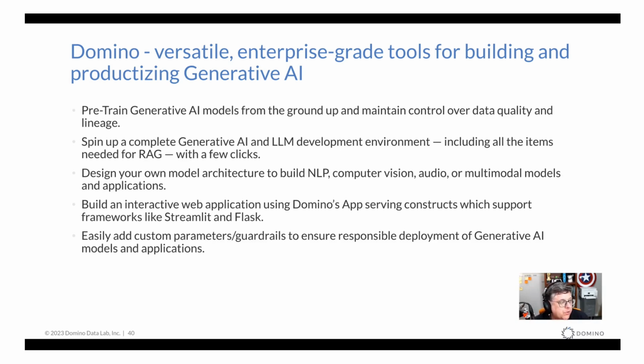Domino also gives you the ability to design your own model architecture to build natural language processing, computer vision, audio or multimodal models, and applications. As we've seen, you can also build an interactive web application using Domino's app serving and app publishing constructs, which support frameworks like Streamlit and Flask. And we can easily add custom parameters and guardrails to ensure a responsible deployment of our generative AI models, applications, and solutions.